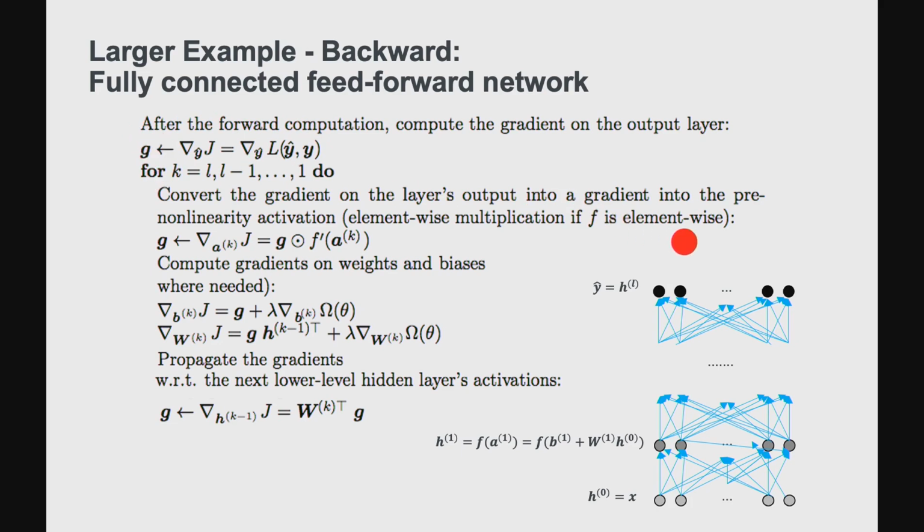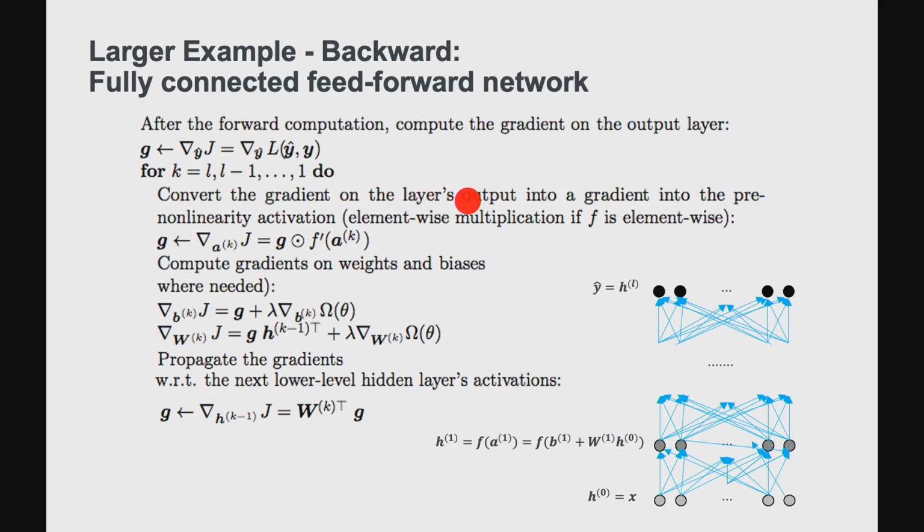And now with this gradient g that follows after this prediction, we go into our backpropagation. And backpropagation works backwards from the top layers to the lower layers. That's why we count from layer L to layer 1. This is layer L, and this is layer 1.